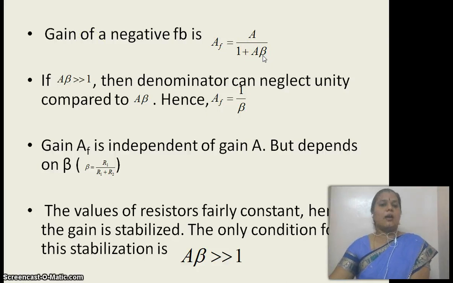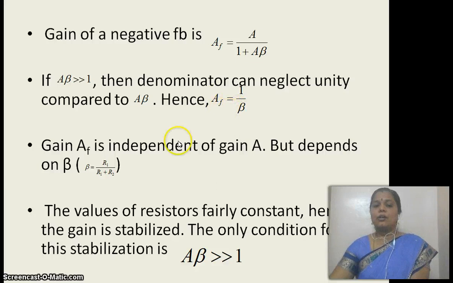Yes, good. Now, if this A beta is very much greater than 1, then what happens to this fraction? Denominator is too high. In that case, we can neglect the 1. So, just by cancelling A and A, we will be left with AF as 1 by beta. So what we could conclude, AF, the gain of an amplifier with feedback, is independent of A, but it depends on beta, because there is no A term here, only beta is there.